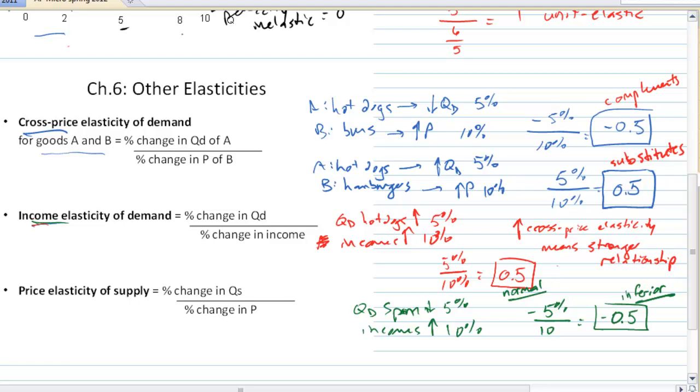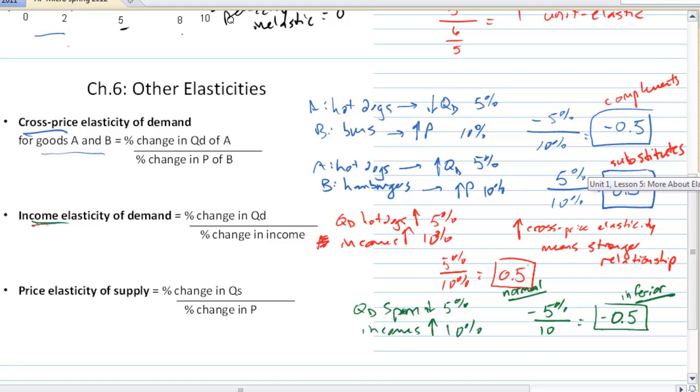Remember those definitions from basic supply and demand. A normal good is just one where when your income goes up you buy more of it. An inferior good is one where if your income goes up you buy less of it. So the sign there gives us basically the distinction between a normal good and an inferior good.